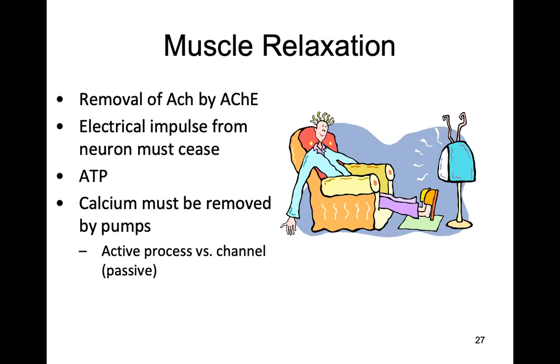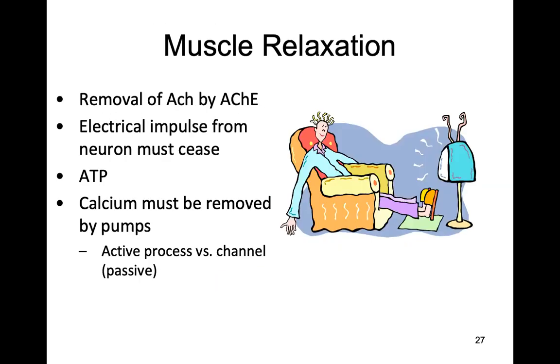Now, what triggers muscle relaxation? So typically we say muscle relaxation happens because the ACH, which is the neurotransmitter that basically started this whole process, is removed. Now, it could be removed by an enzyme called acetylcholinesterase, which is shorthand to ACH here.